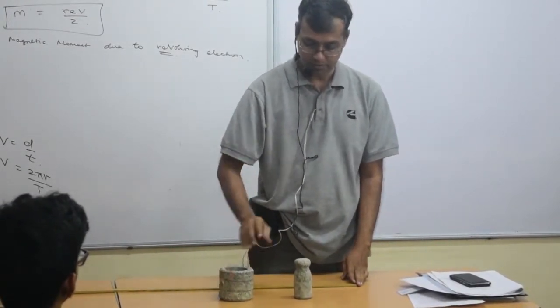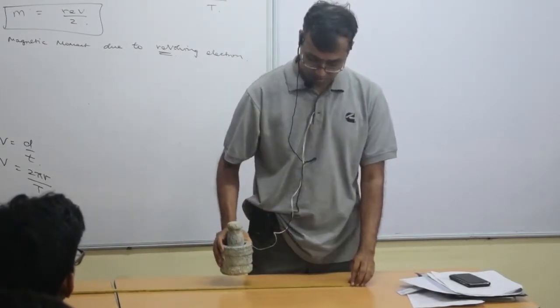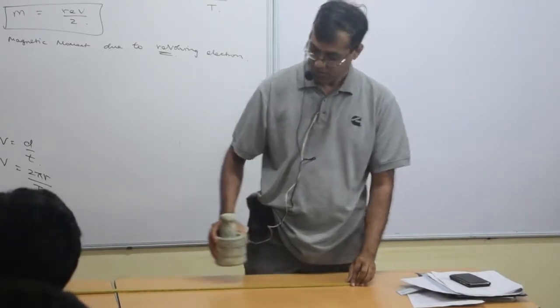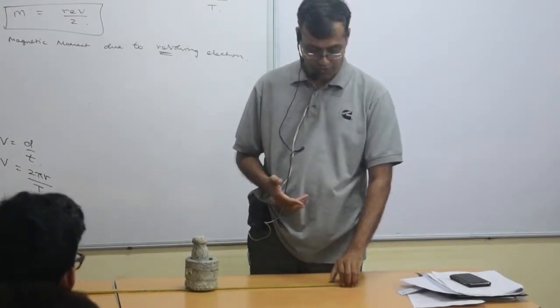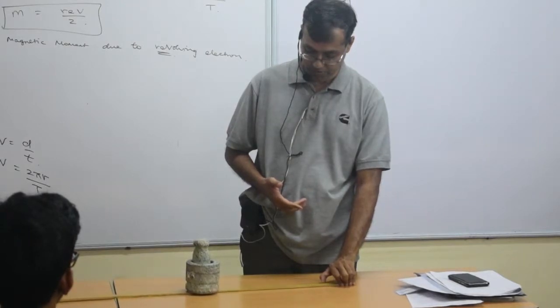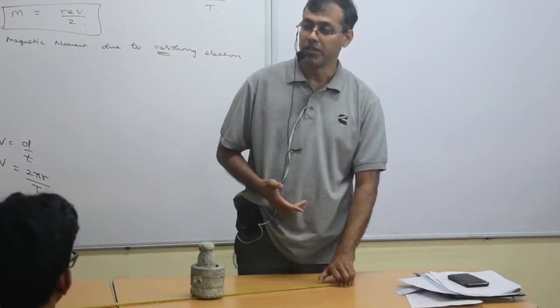Because the mass here is higher. But I just want to make it into one mass. And I will keep it somewhere here, right? I'm just going to use my left hand. So observe what I'm trying to do. I'm trying to turn this. I feel pretty difficult.